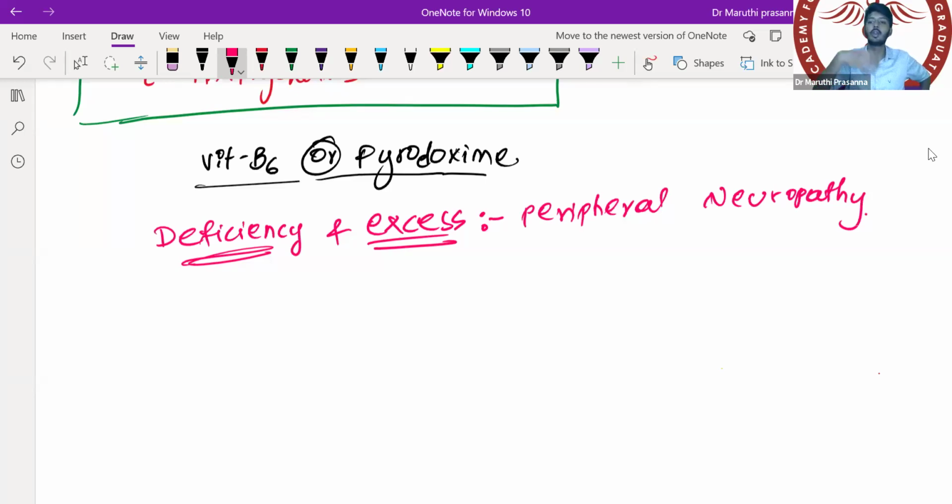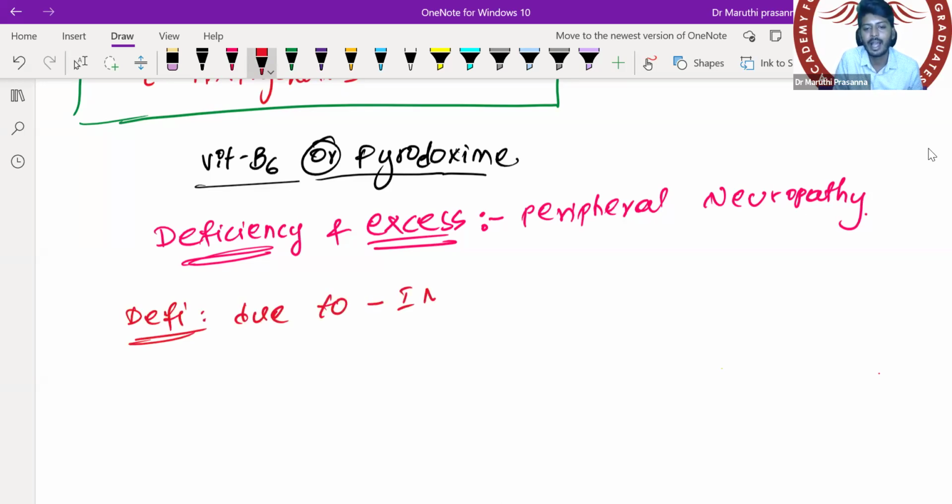If they take longer, higher doses of vitamin B6, higher dose of B6 injection will lead to neuropathy. Deficiency and excess, both of them will lead to neuropathy. Deficiency is due to two important aspects. One is INH, isoniazid.